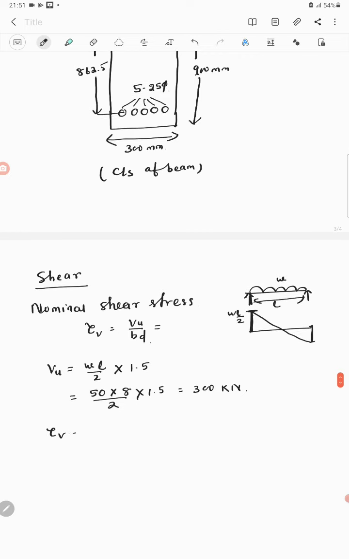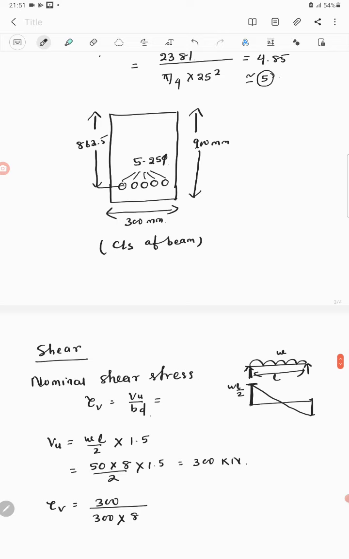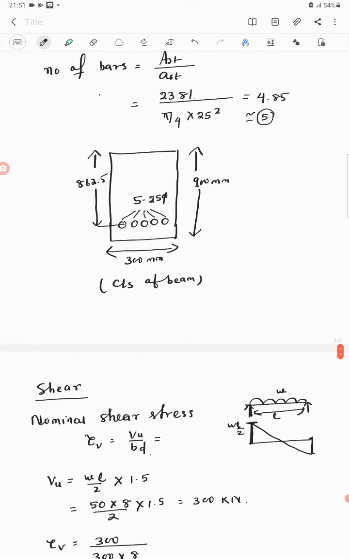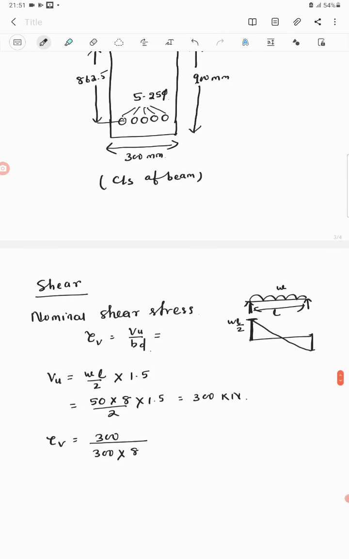Now what will be tau v, Vu divided by bd. b is 300 mm and d is 862.5, or we can just take it as 850. That is equal to 1.18 Newton per mm square. Okay.